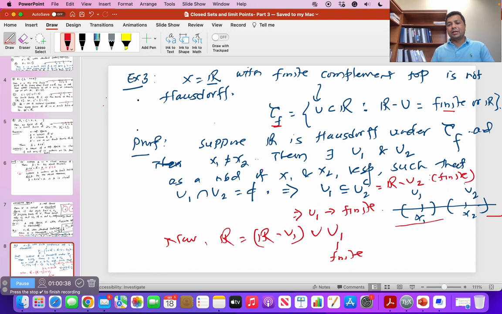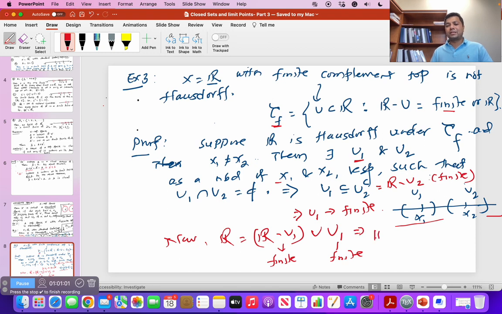And since u1 is a neighborhood of x1, that means u1 is an open set in the finite complement topology. If u1 is an open set in finite complement topology, its complement R minus u1 has to be finite as well. Now you see that we are writing R as the union of two finite sets.